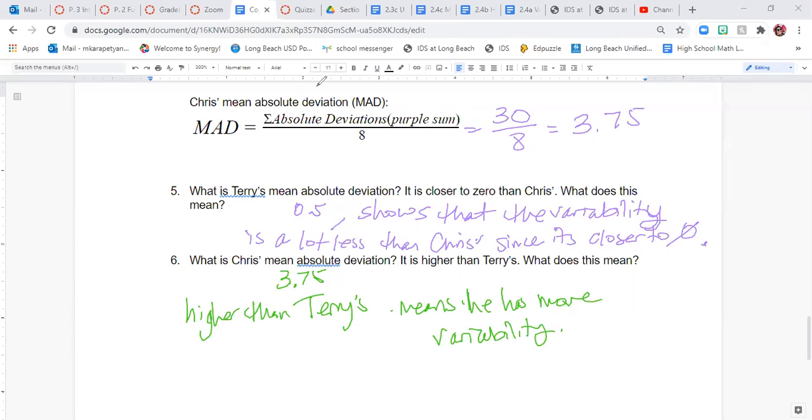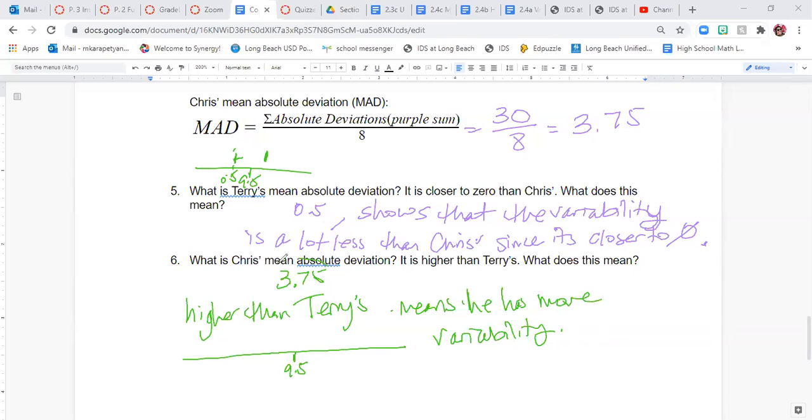So really quickly, guys, for Terry, I drew the thing where I had the 9.5 and then I had the 0.5 here, and then the 0.5 here. For Chris, similarly, what that means is that the mean absolute deviation, our mean is still at 9.5.